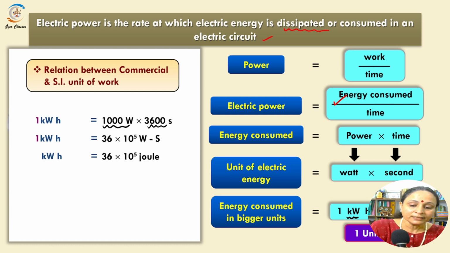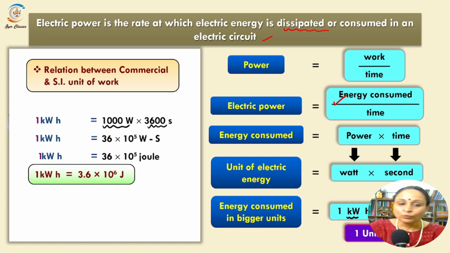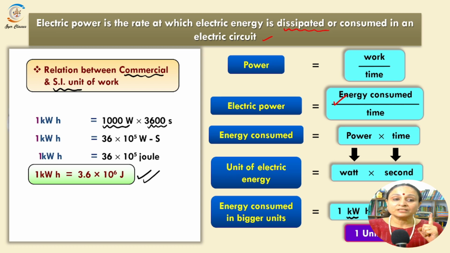Or you can write 1 kilowatt hour is equal to 36 into 10 to the power of 5 joules, or if you want to write it in a proper way, 1 kilowatt hour is equal to 3.6 into 10 to the power of 6 joules, right? This is how the commercial unit and the SI unit of work are related. So all of you remember, 1 unit of electricity, that means the energy consumption, is 3.6 into 10 to the power of 6 joules. Okay.